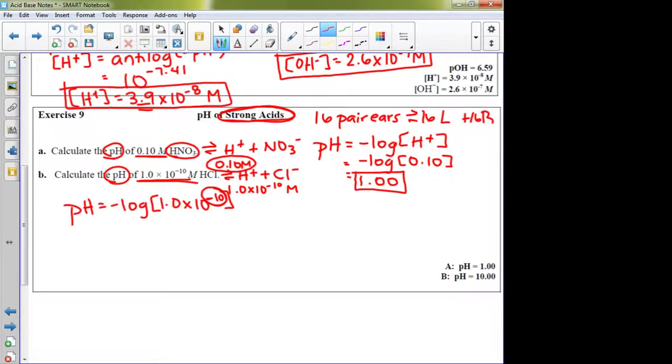Log is based off of base 10, okay? So if I take the log of 1.0 times 10 raised to anything, my log is going to be whatever I raised it to. So when you hit the log, you should have gotten negative 10, and then I come back and take the what? Opposite of that. So my pH is equal to 10.00.